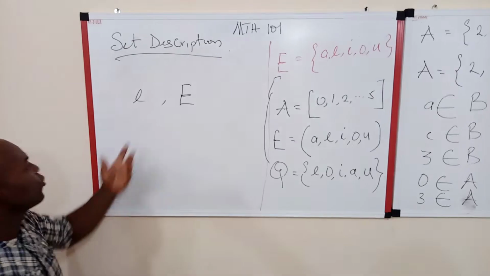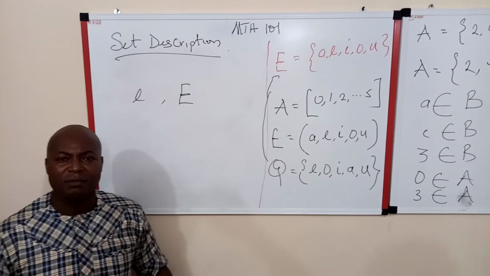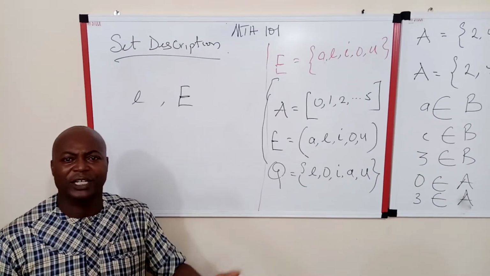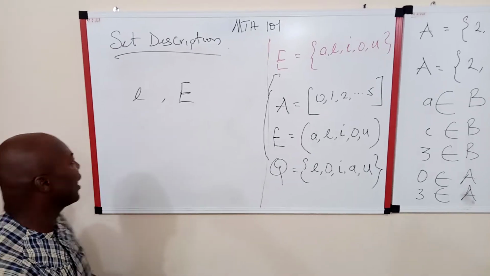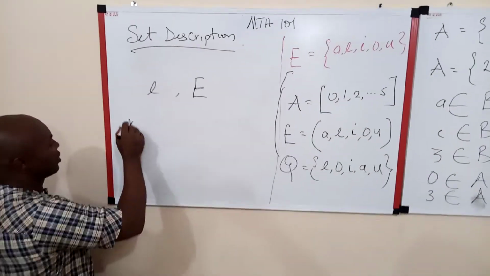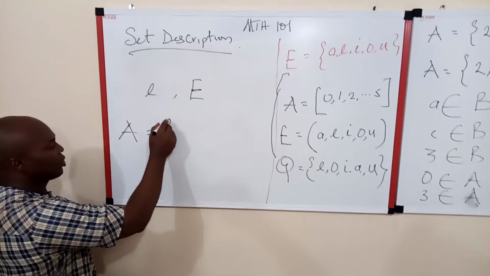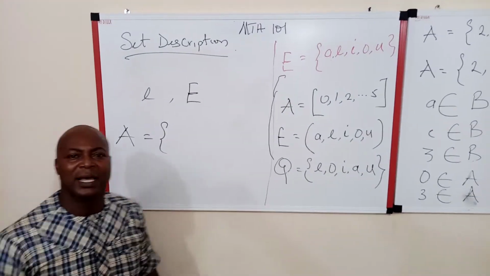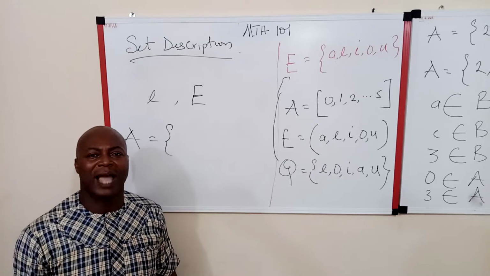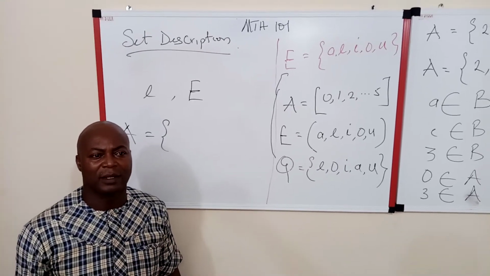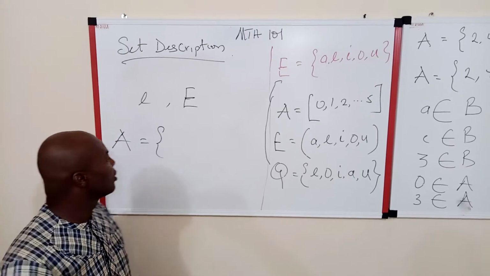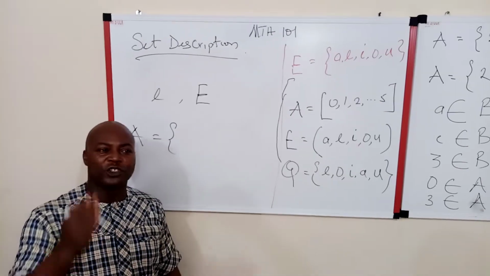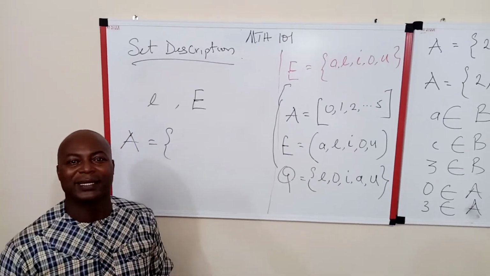For example, if we say let set A be a collection where its elements are the first five alphabets, comprising both lowercase and uppercase.